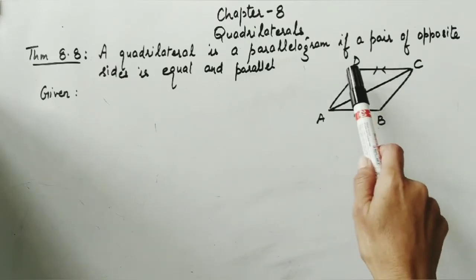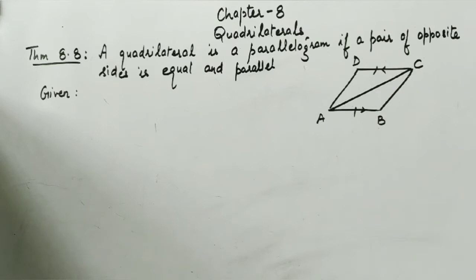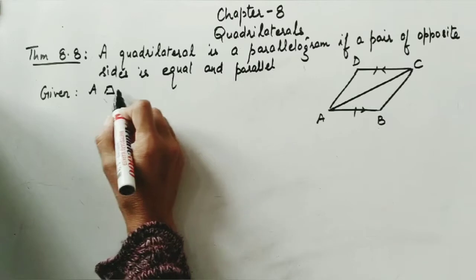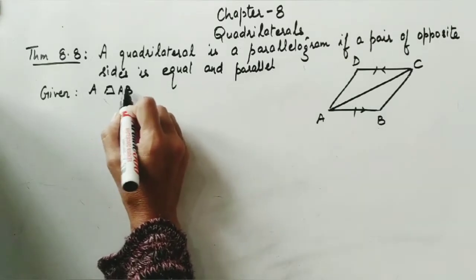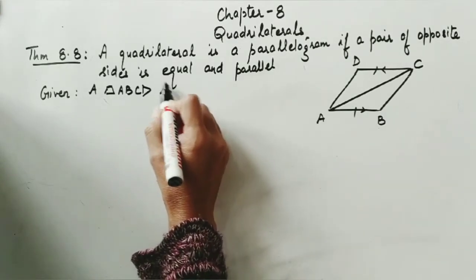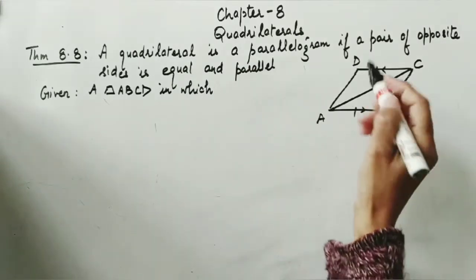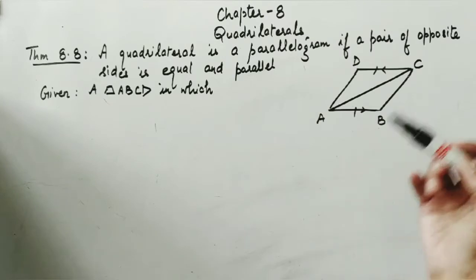ABCD is a quadrilateral. Given information is a quadrilateral. This is the symbol for quadrilateral, a quadrilateral ABCD, in which now we are given conditions. Those conditions are a pair, means one pair of opposite sides.